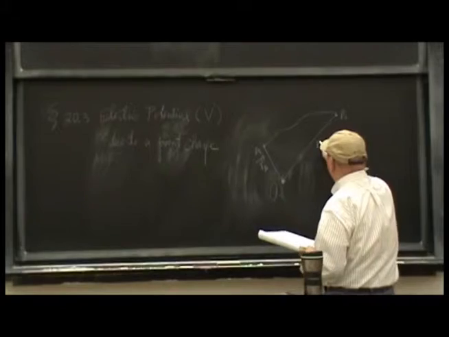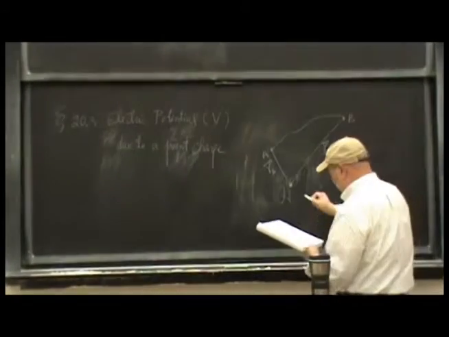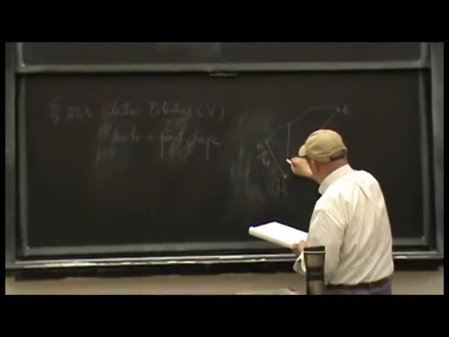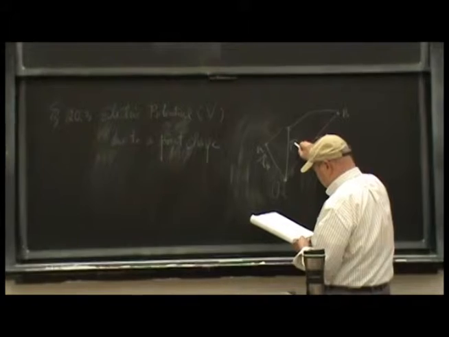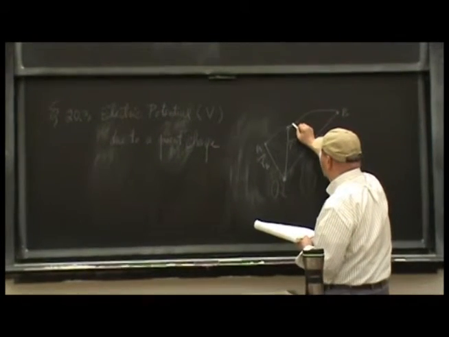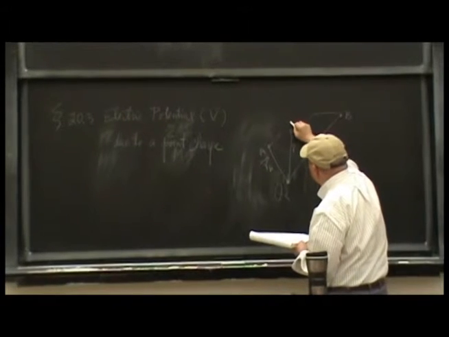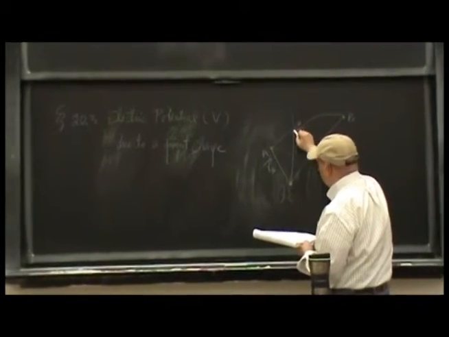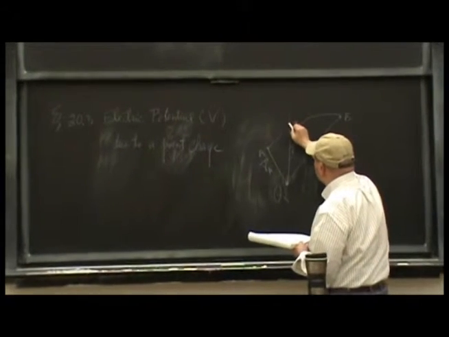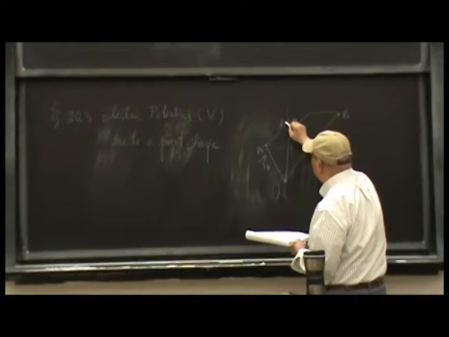We have an arbitrary point, R, and in these cases there's a ds in this direction, and an angle theta between the two directions. Along this direction, the unit vector is dr.